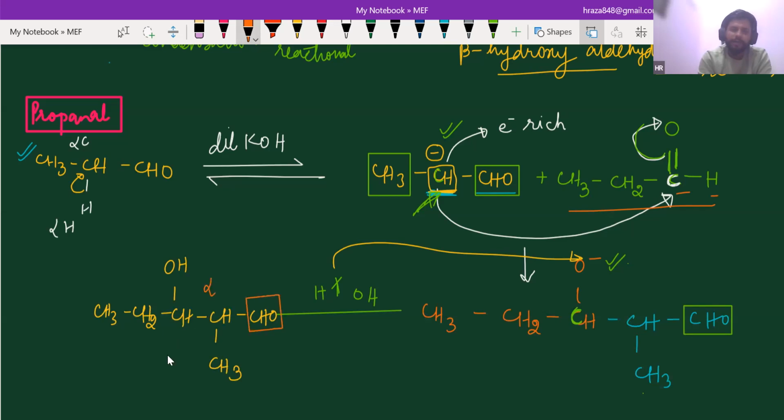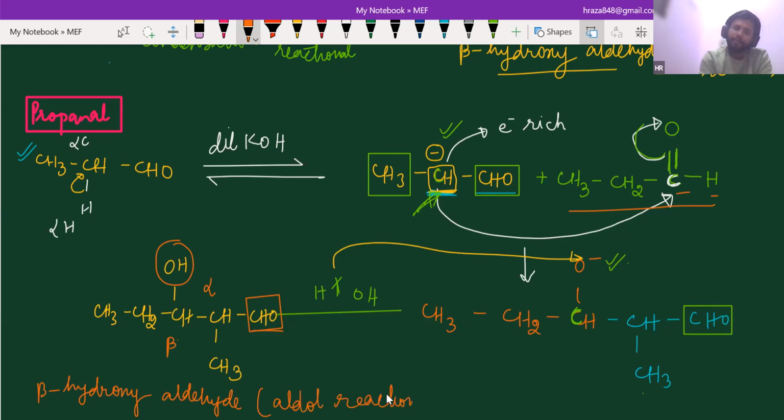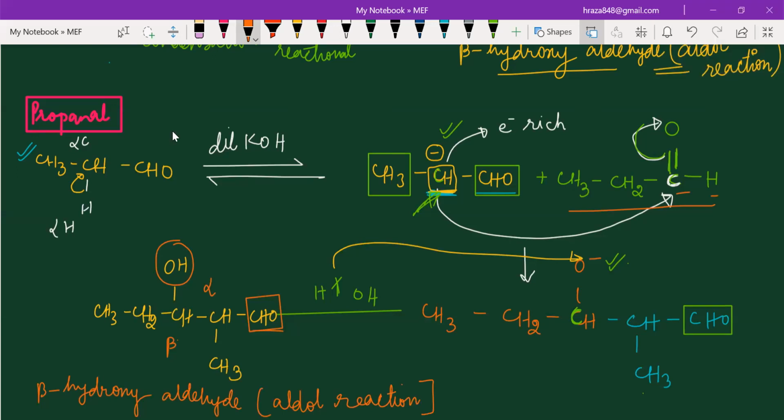This is the alpha carbon, this is the beta carbon, and on the beta carbon there is a hydroxide. So we can write beta hydroxy, and there is an aldehyde, so it will be beta hydroxy aldehyde, which is also known as aldol. Ald for aldehyde, ol for alcohol, aldol reaction. Now we are going to do the aldol condensation. First write it up to this. Okay, sir.